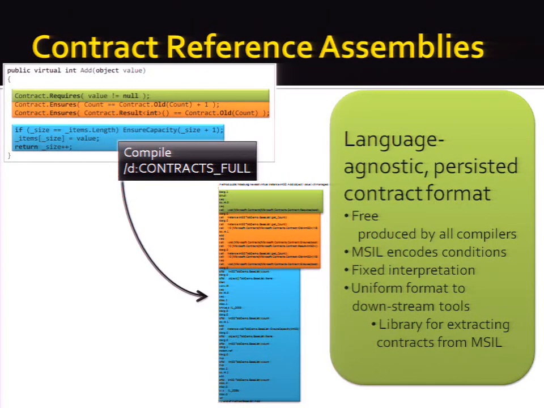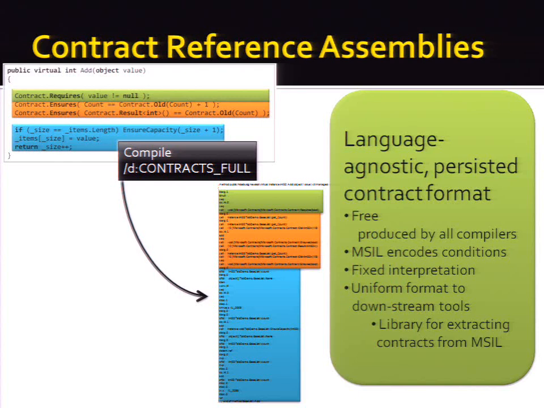So the nice thing about what we ended up with is that the contract format of these reference assemblies is really a nice format, because we didn't have to invent a new format. It is already well defined by the ECMA standard, right? So we didn't have to invent any new instructions or anything. It's just IL, and if you need to know what it means, you can just look at the ECMA standard.